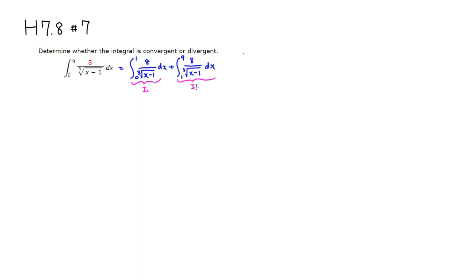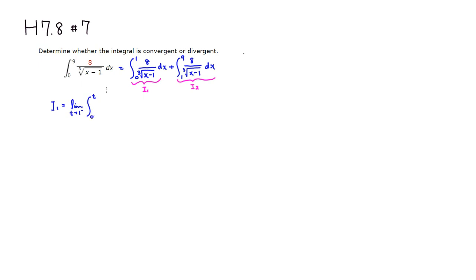Let's look at I1. The troublemaker is 1, so we're going to have to replace 1 by t. Then we take the limit as t approaches 1 from the left-hand side, and the lower limit is still 0.